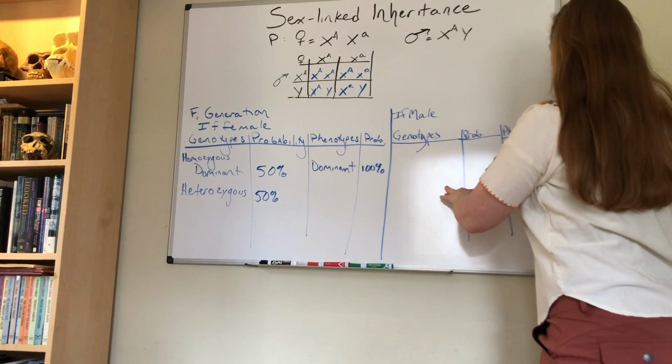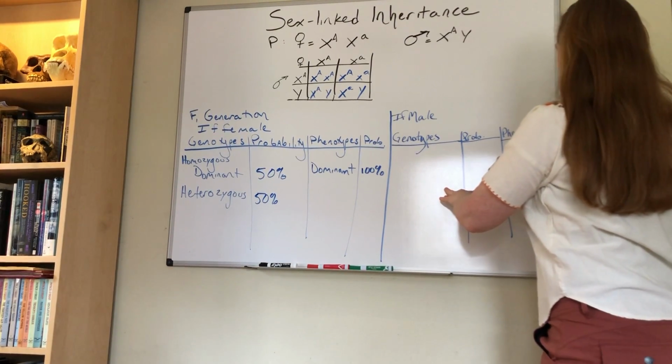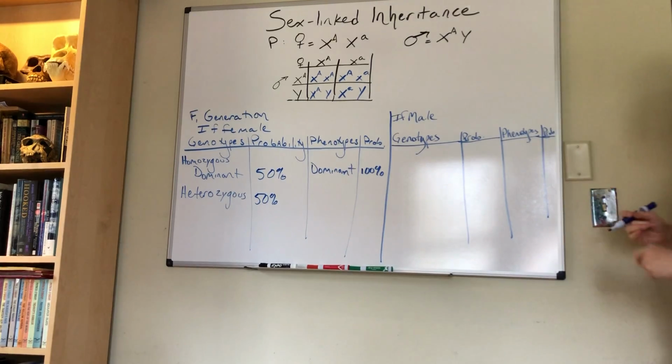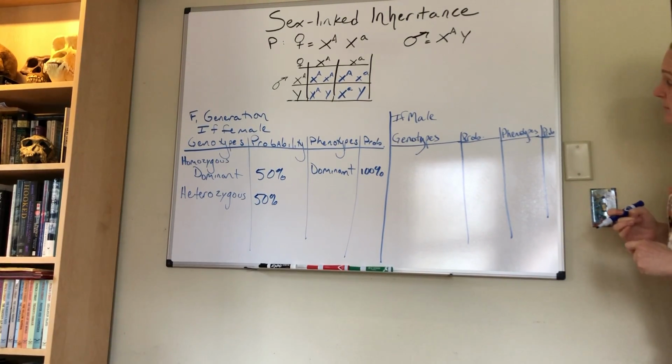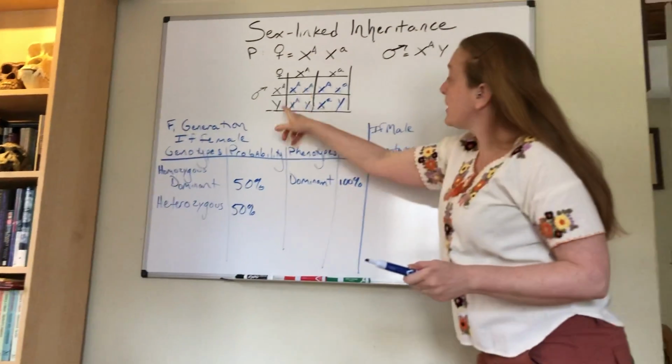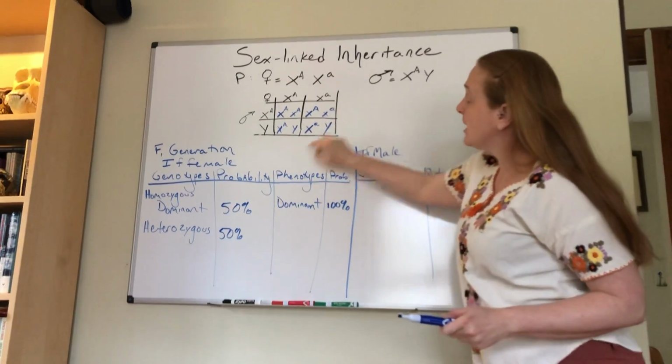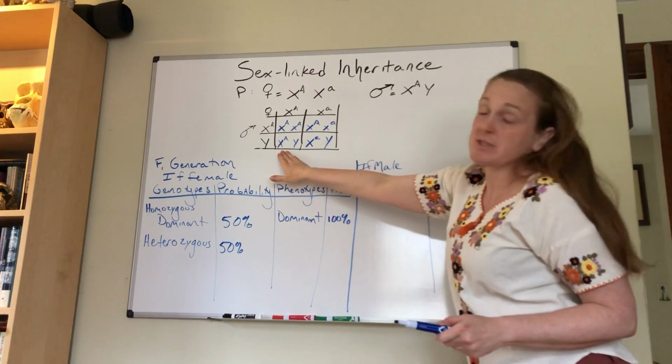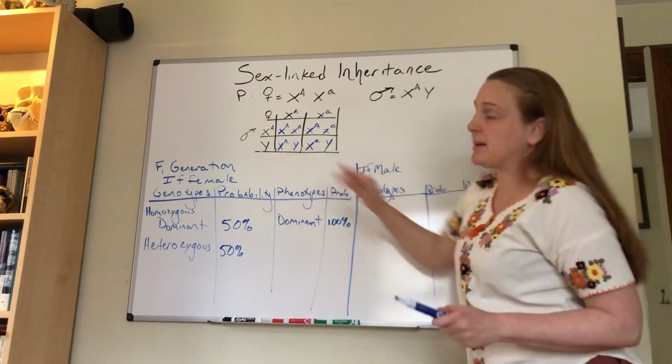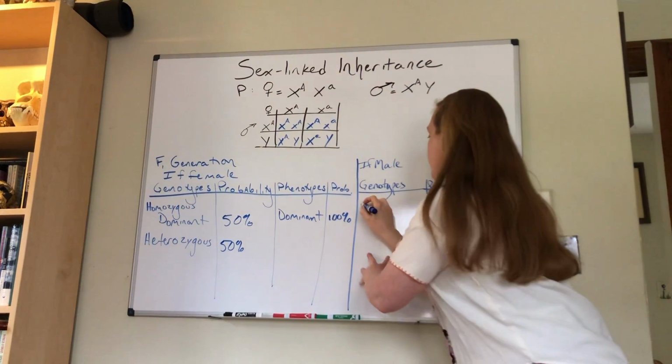And then the probability of seeing those different phenotypes. So looking only at the bottom part of my inner square, I see that one possible genotype for my male diploid zygote is hemizygous dominant.